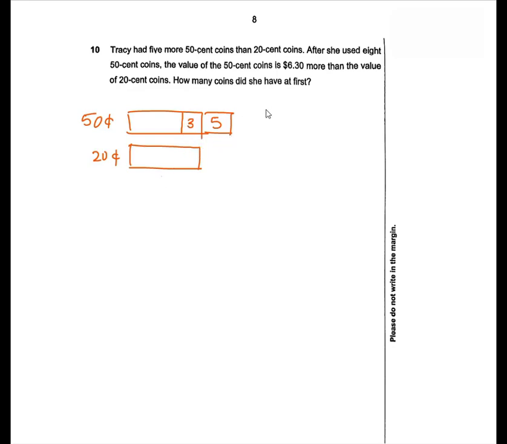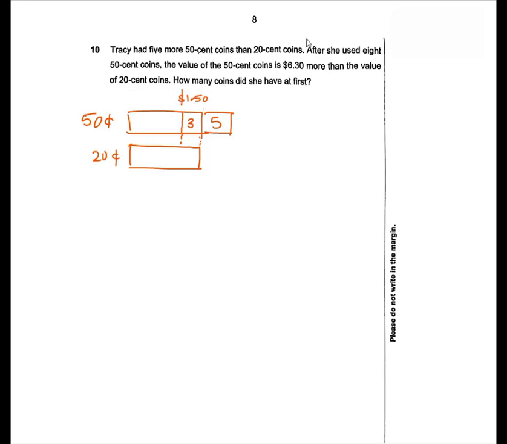So she's using up this much, which means how much of the money is she using up here? If you use the 5 coins additionally, that's fine, but these 3 coins is equal to 3 times 50, that is $1.50. There are 3 coins here, the value of these 3 coins is 150, isn't it?